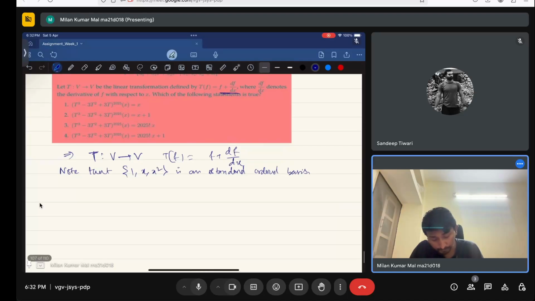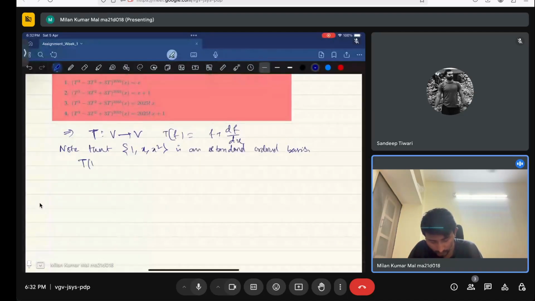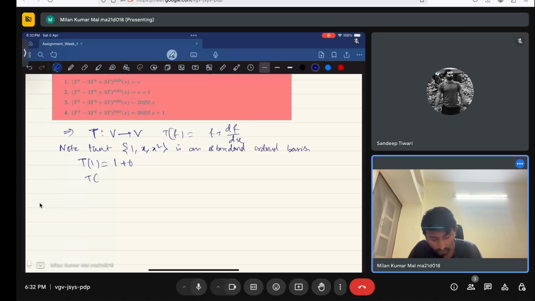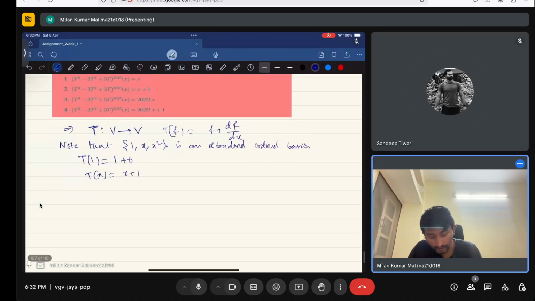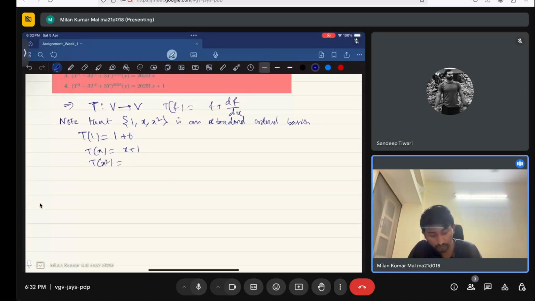Therefore T of 1 is 1 plus 0, T of x is x plus the derivative, which is 1, and T of x square is x square plus 2x. Written out, T(1) is 1·1 plus 0·x plus 0·x square, T(x) is 1·1 plus 1·x plus 0·x square, and T(x square) is 0·1 plus 2·x plus 1·x square.